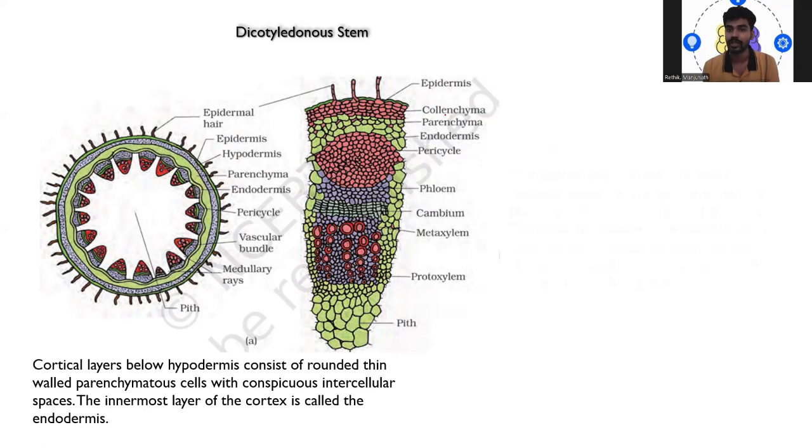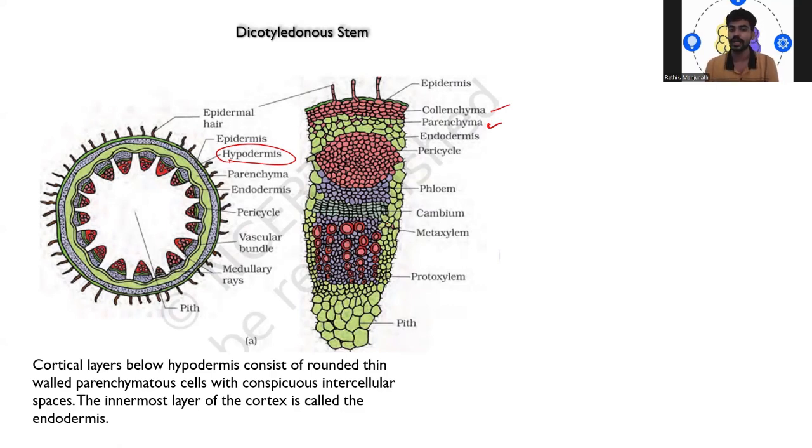So below the collenchyma cells, you will see the second zone, that is the parenchyma. They consist of parenchymatous cells with small intercellular spaces in between the cells.